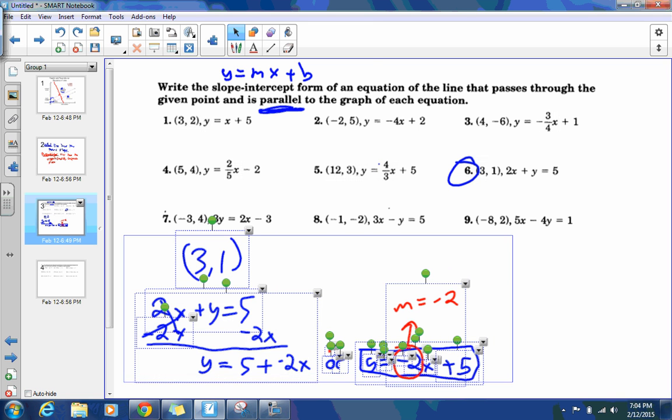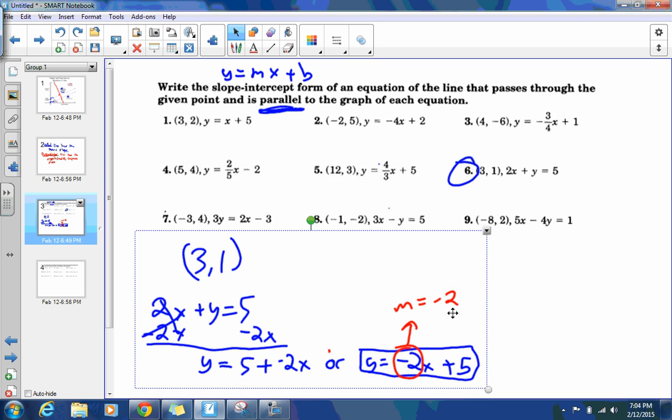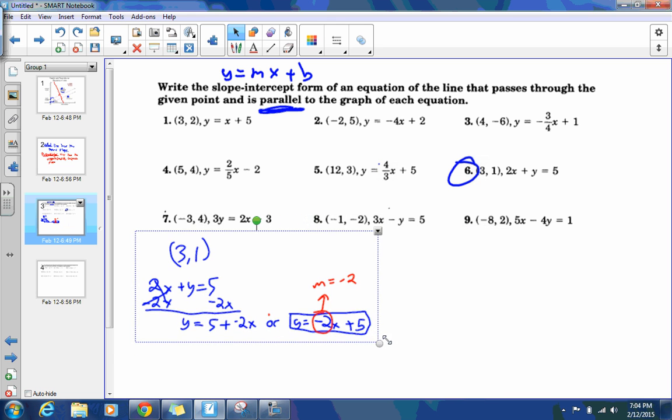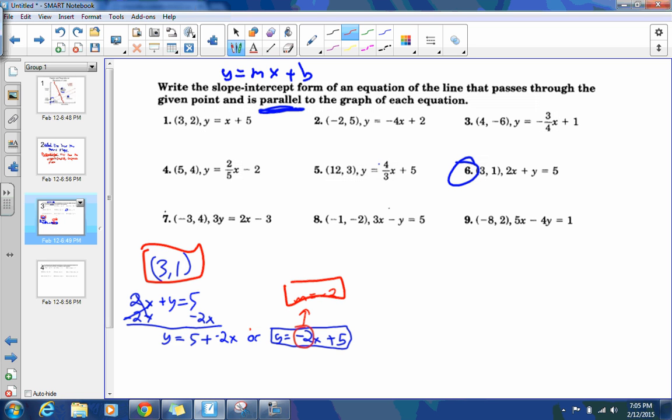I'm going to make these smaller so we have some room off to the right. There's our work there. We're going to take the slope from that and use point-slope form, because we have a point and we also have the slope.